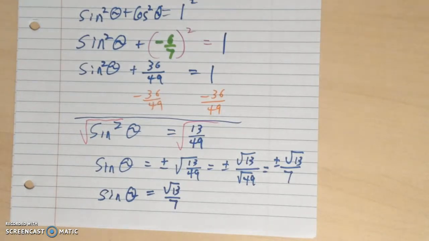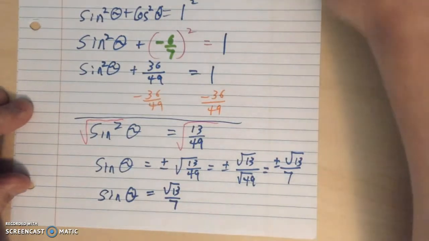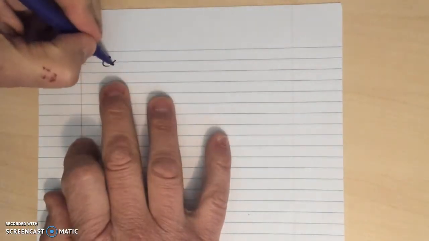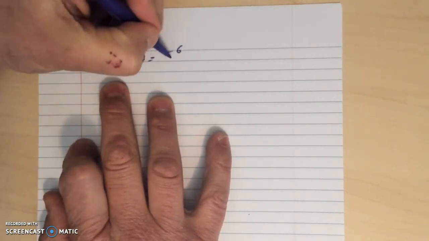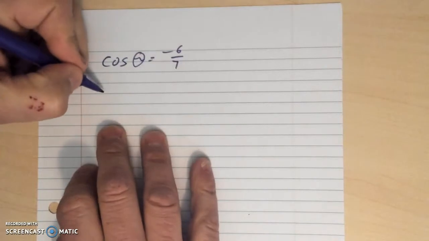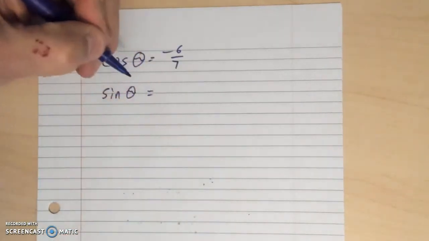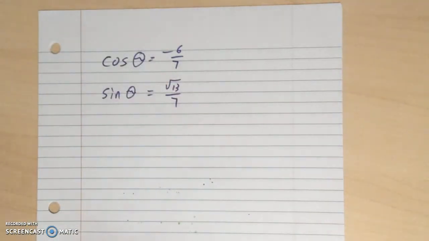So you're sitting there saying this couldn't possibly be true. How can we check our answer? Now, we knew that the cosine of theta was negative 6 over 7. We just figured out that the sine of theta was radical 13 over 7.